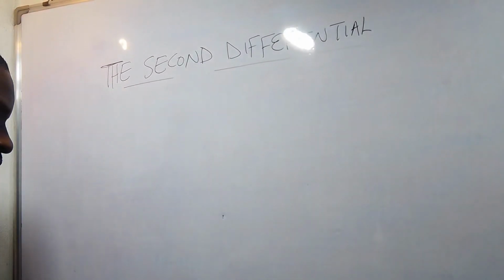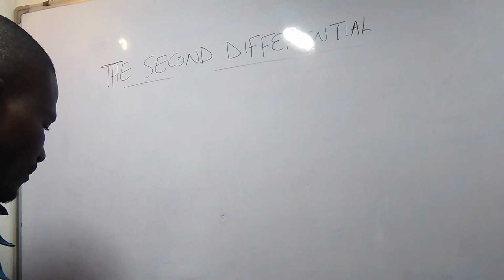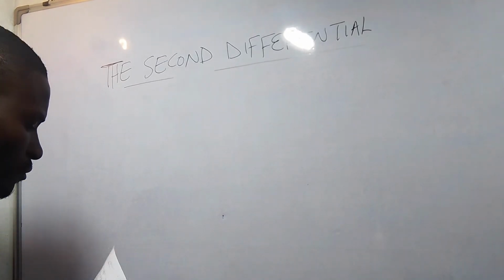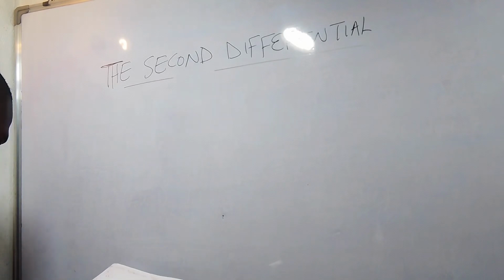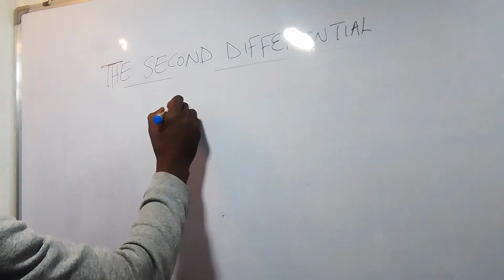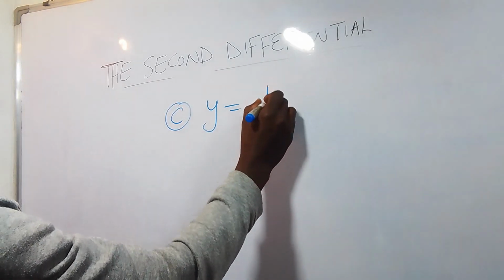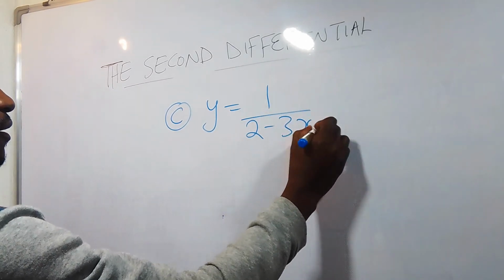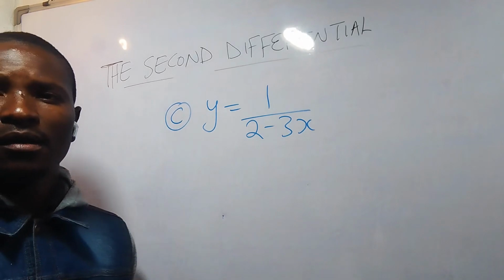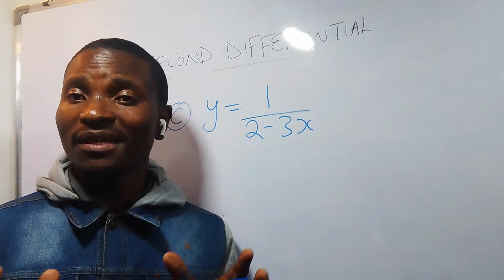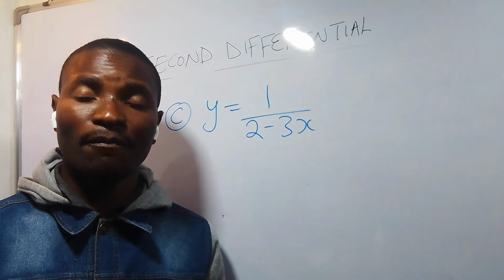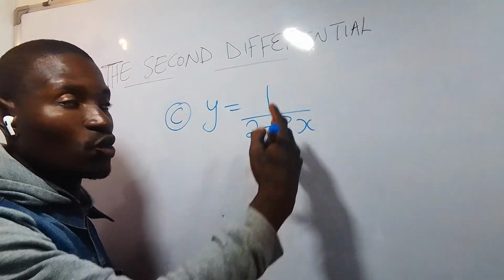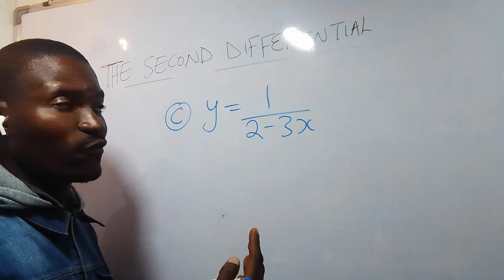Okay, so our last example now is C. y equals 1 over 2 minus 3x. When you have something like that, you have to make sure you recognize this is a rational function.